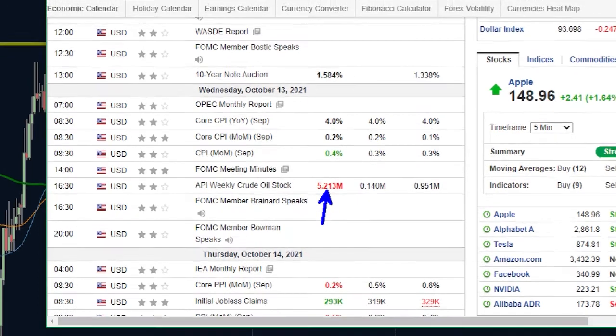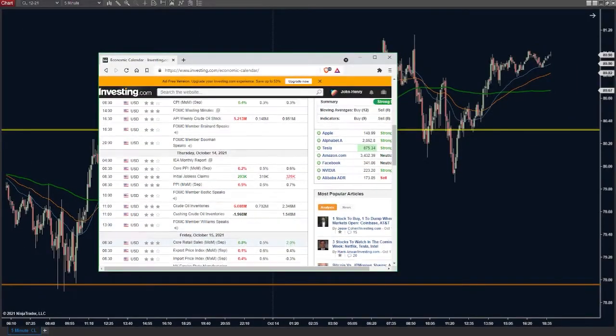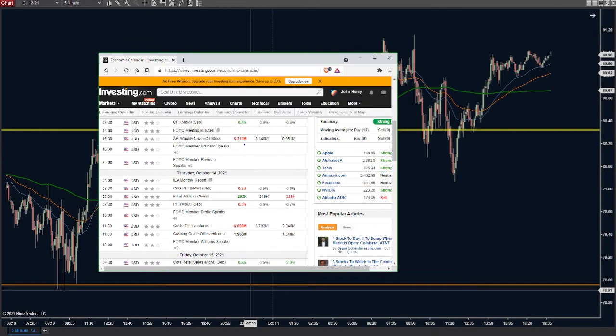Now, if we were to look at the inventories, which comes out the day after, we can kind of see, okay, well, if the API report came out at a positive 5.213 million barrels, and the forecast for tomorrow's inventories is 0.702, and the forecast for this was 0.14, that was obviously a total miss. So realistically, the API report is giving us a heads up that tomorrow is much more likely going to be a bearish number the next day going into inventories.